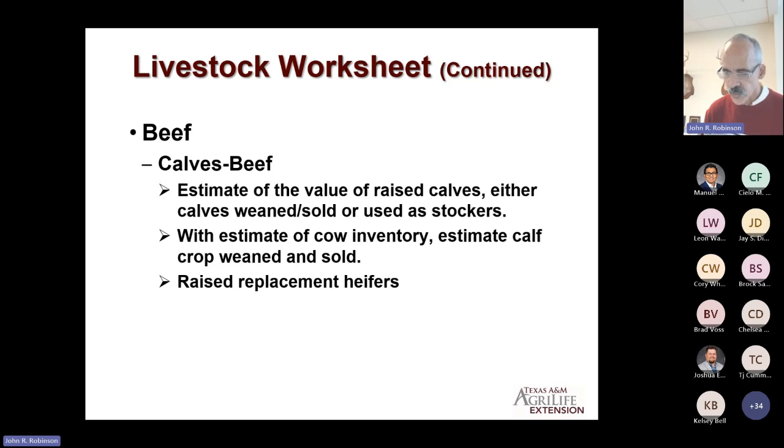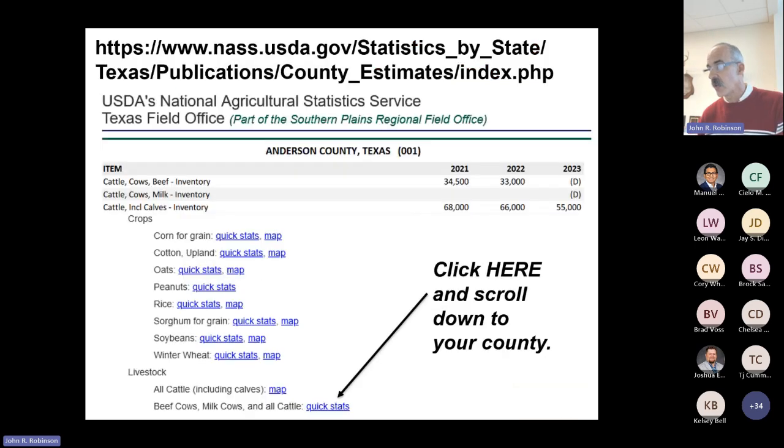Now, the local ranchers, your animal science specialist, the local sale barn, there are people locally that probably have some notion about the number of calves in your region or in your county. But if you want to take a data-based approach, you can do what I'm fixing to show you here.